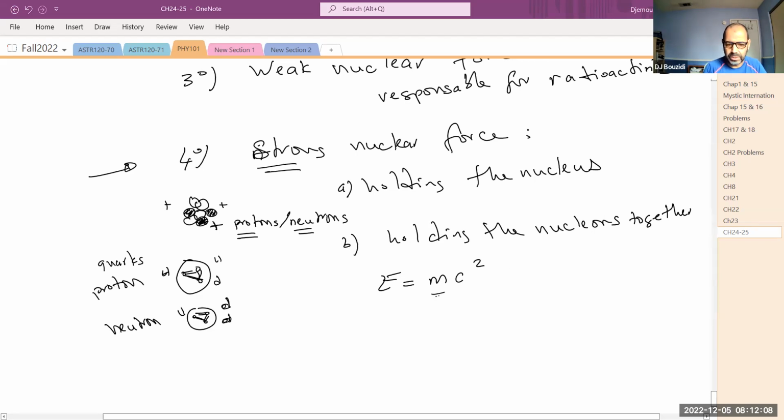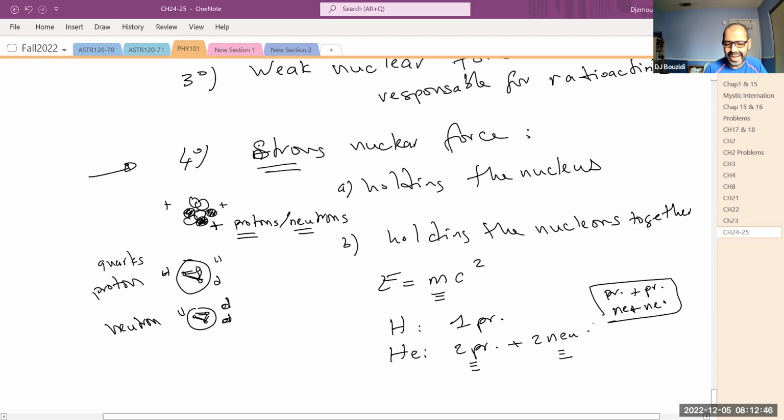And you will see there, we're not going to get to the details of it, but the idea is that, for example, if you take the hydrogen atom, which has only 1 proton in it, versus the helium atom, which has 2 protons and 2 neutrons, if you add the mass of a single proton twice and a single neutron twice, you will see that the mass together of the individual particles, namely a proton plus a proton plus a neutron plus a neutron, to form the nucleus of the helium, will add up slightly higher than the mass of the helium, and the difference is exactly the energy needed to form that nucleus.